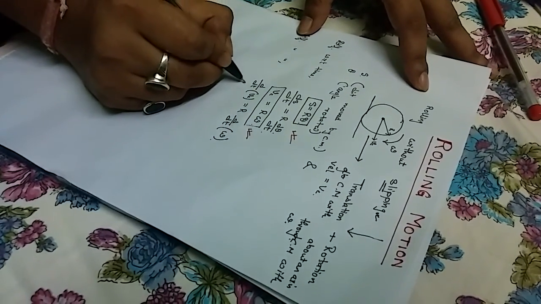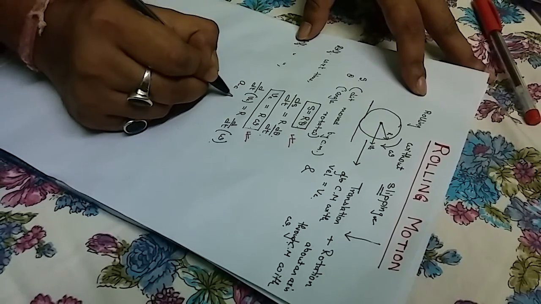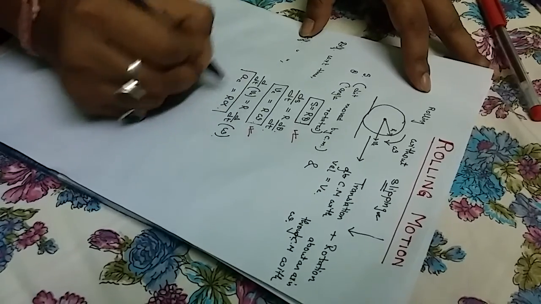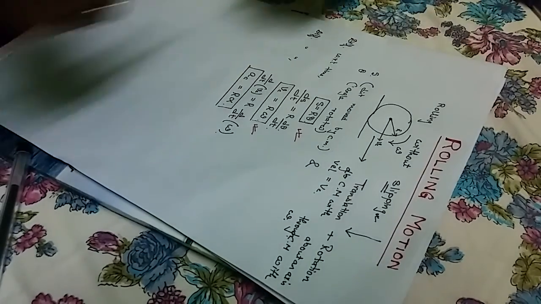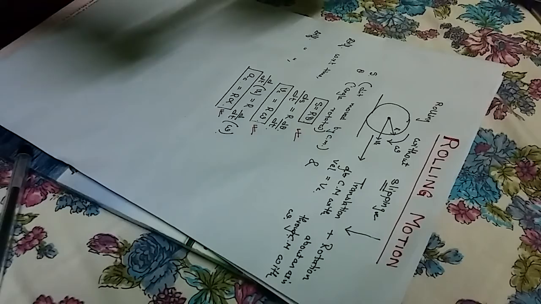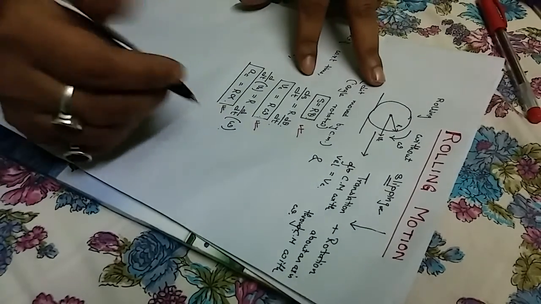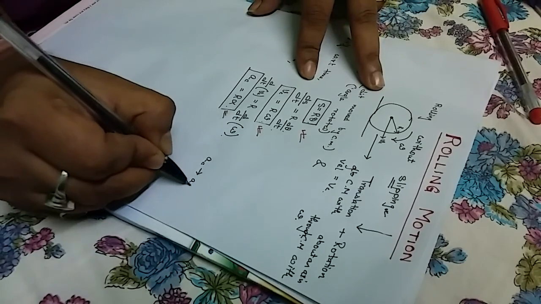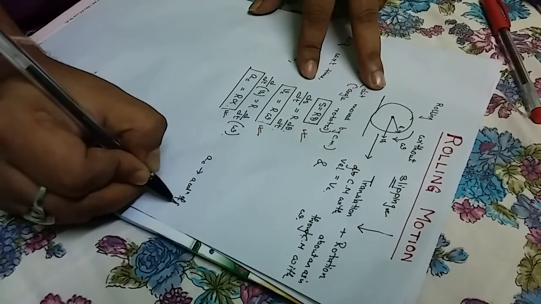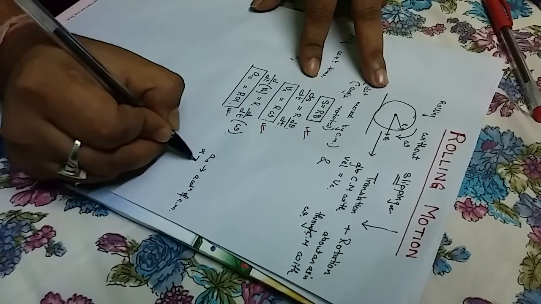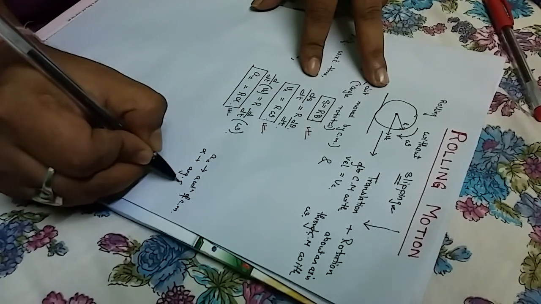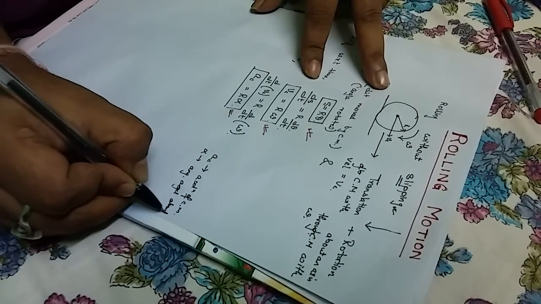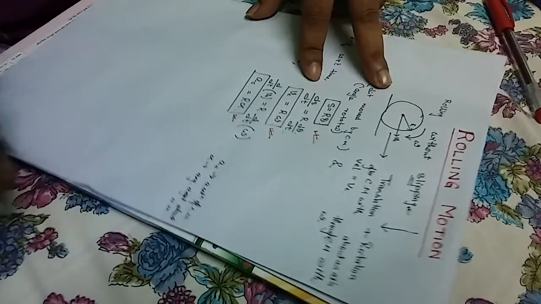So we get the acceleration of the center of mass equal to r alpha, where AC is the acceleration of the center of mass, and alpha is the angular acceleration about an axis passing through the center of mass.